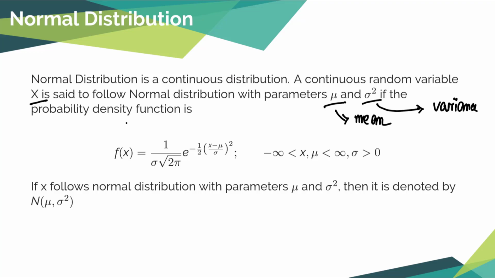So with mu and sigma square, as I have already stated, for discrete we have the probability mass function, for continuous we have the probability density function, right?